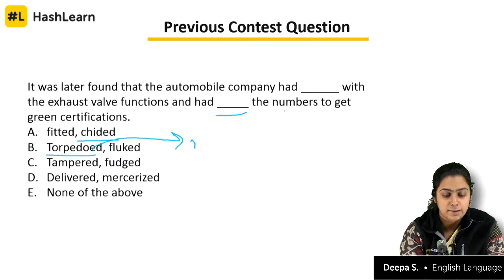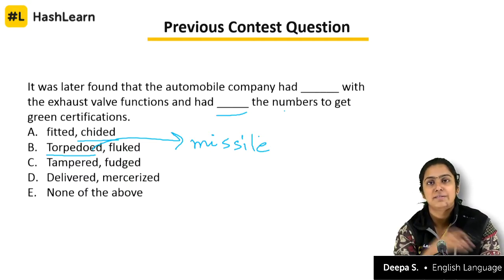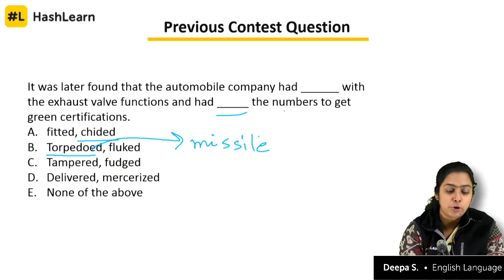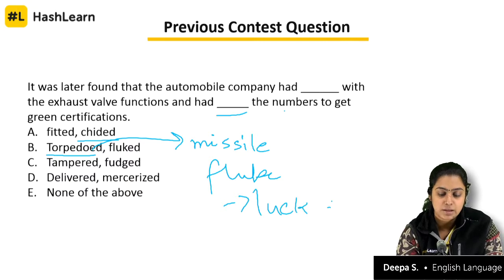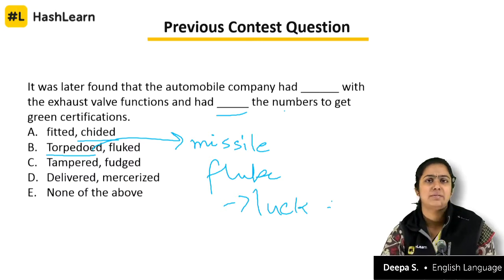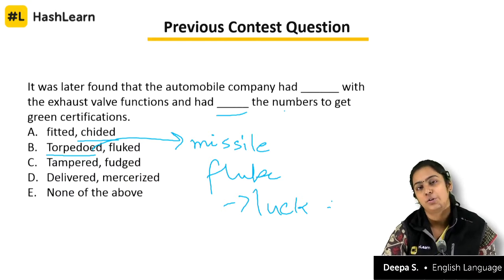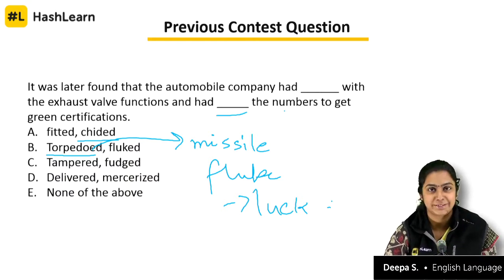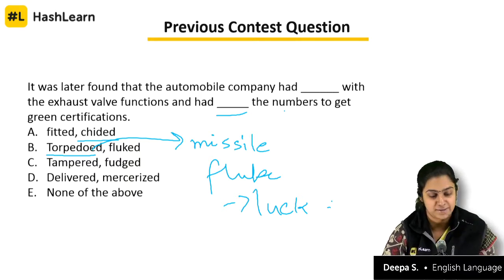Torpedo is a missile. When you use torpedoed, it means launched in a super fast fashion. Fluke is luck. Hey, you know what? He just fluked with it. So, had fluked the numbers? No, you see, fluke can hit you. You cannot really go around looking for a fluke. Fluke is something that just happens by chance.